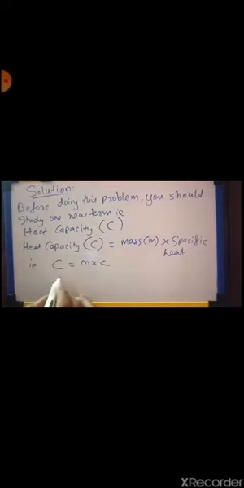That is for hot fluid, heat capacity of hot fluid is equal to mass of hot fluid into specific heat of hot fluid. For cold fluid, heat capacity is equal to mass of cold fluid into specific heat of cold fluid. Okay.